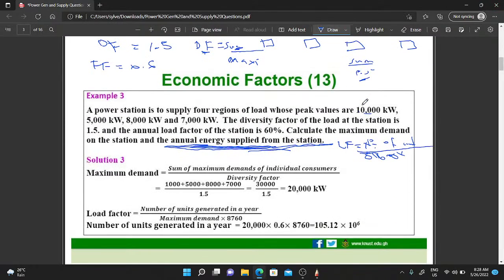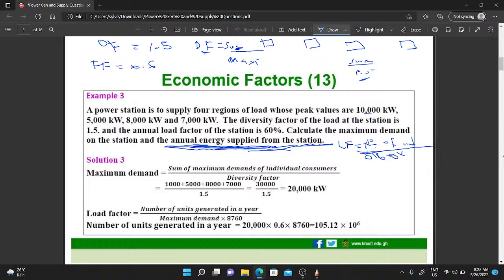The maximum demand we found here will go there. So if I want to find the number of units generated, I'll just cross multiply: the load factor times the maximum demand times 8760, and that's about it.